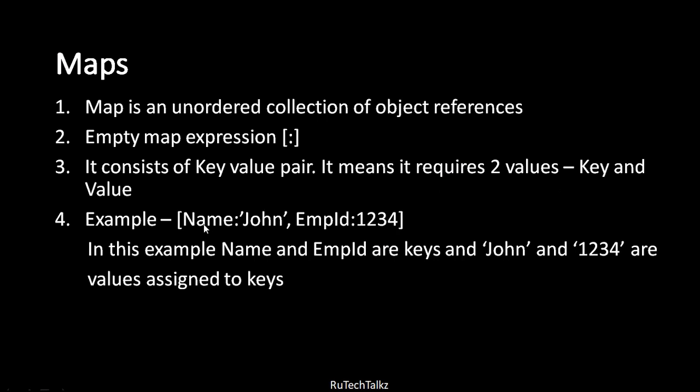For example, in square brackets, name colon John, comma, empID colon 1234. In this example, name and employee ID are keys, and John and 1234 are the values assigned to the keys.